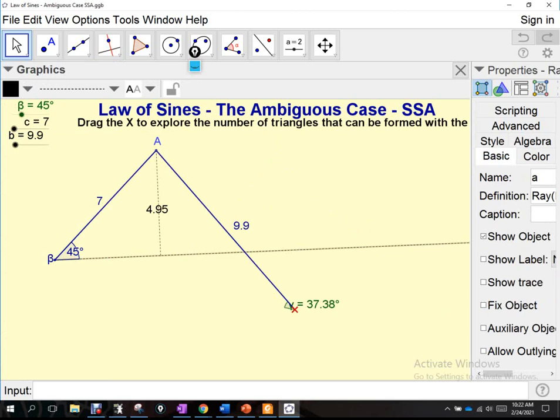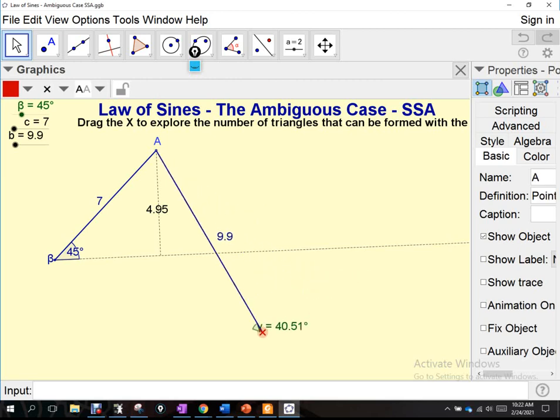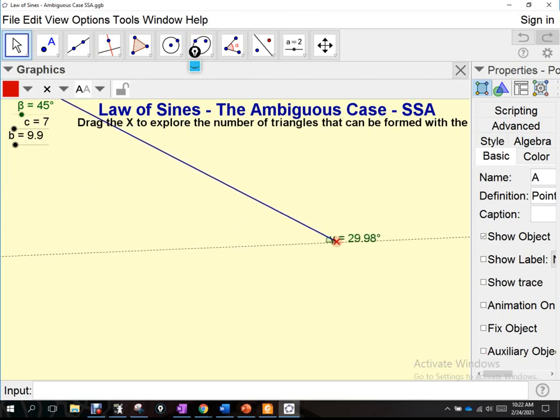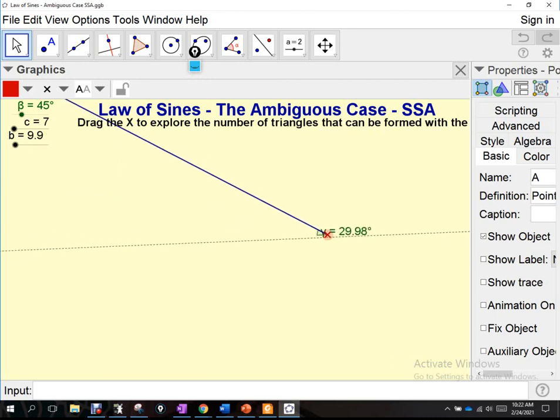I just don't know how big it's going to be until I align that line of sight, that imaginary line there, with this side here. So I've got to rotate this side, and I had it about right there, that would be that triangle, correct?